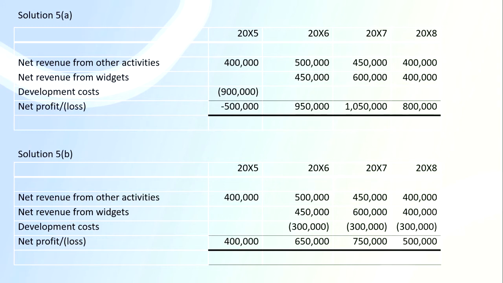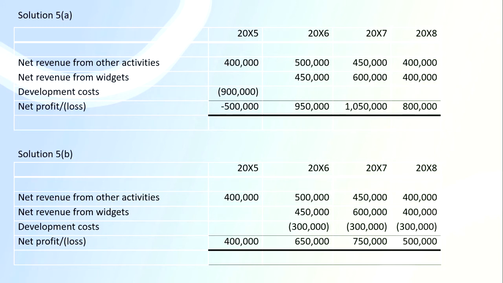Also in X7, the profit decreased by 300,000, and in X8 the profit is also decreased by 300,000. So the cost of development is amortized throughout 3 years.